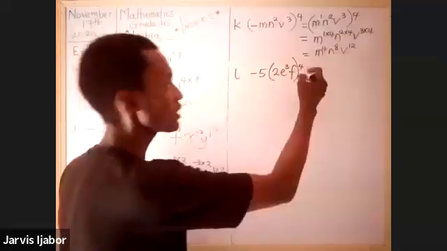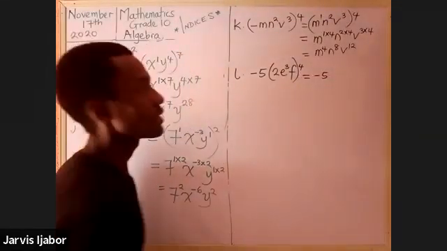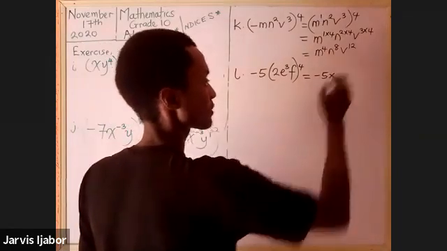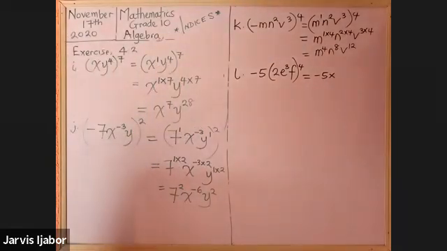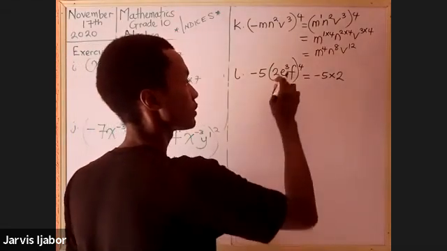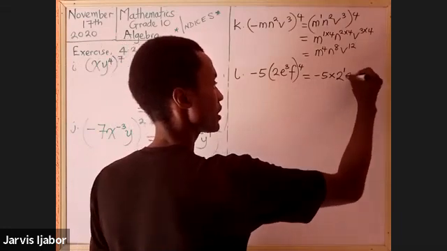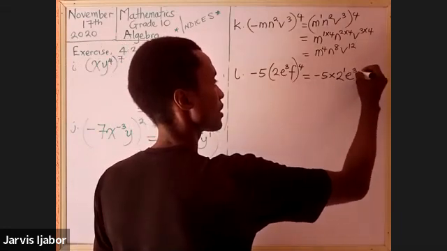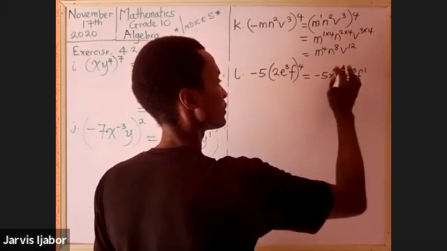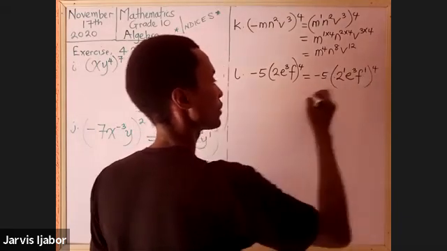So this will be equal to negative 5 times, and watch carefully, 2 raised to the power of 1, e raised to the power of 3, f raised to the power of 1, or let's put the bracket like that, all raised to the power of 4.